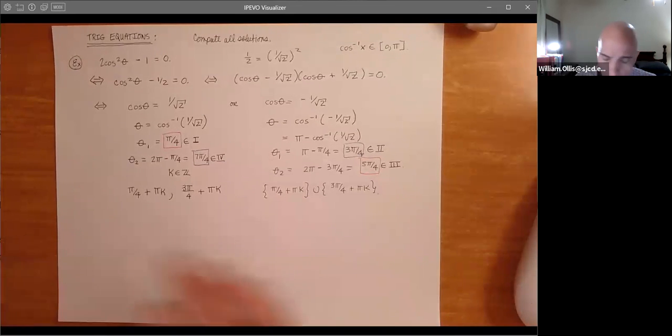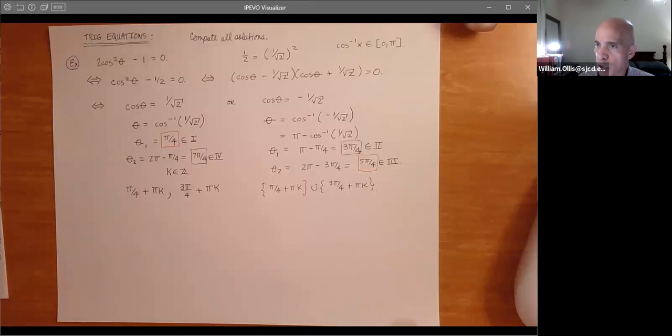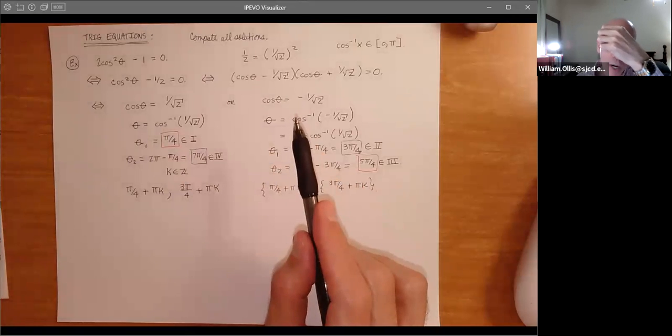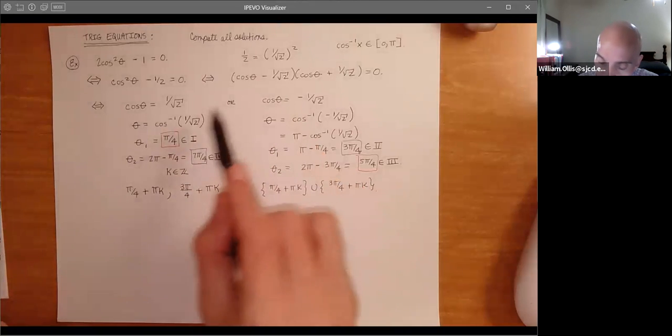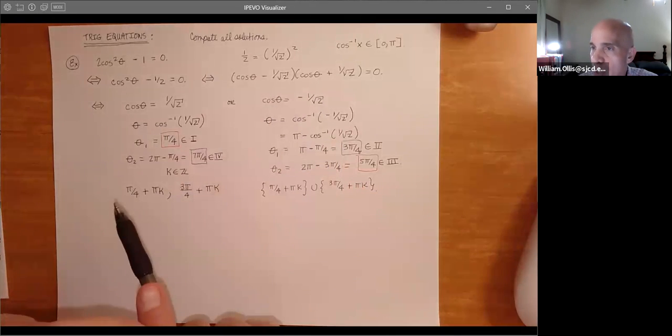Now, when it comes to solving problems, let me just make a few comments here, and this is very evident when you do trig equations. We use algebra that we already know about. The only difference is that we have to remember that the objects are now trig functions.